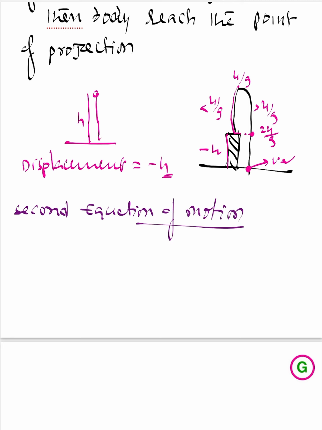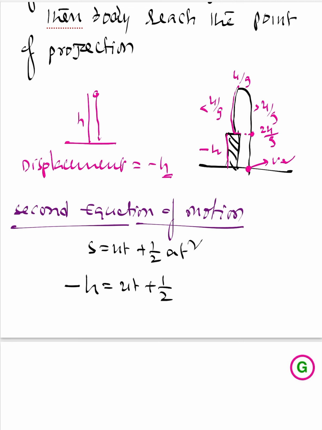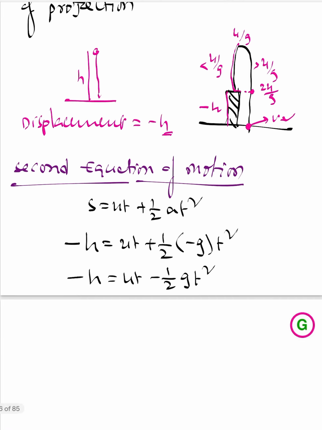This is important; most of the numericals are based on this formula. S equal to ut plus half at square, where S is the displacement minus h and a is minus g, so minus h equal to ut minus half gt square.